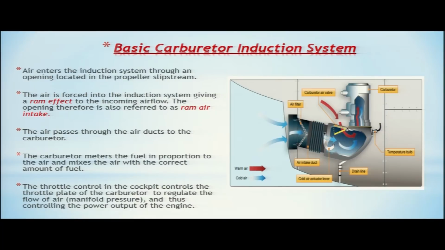When this valve is opened, in case of the filter being clogged or you need warm air inside the engine, you can get alternate air or warm air from this side and it goes inside the carburetor. We have seen in our earlier slides what the carburetor heat valve is and how it works.